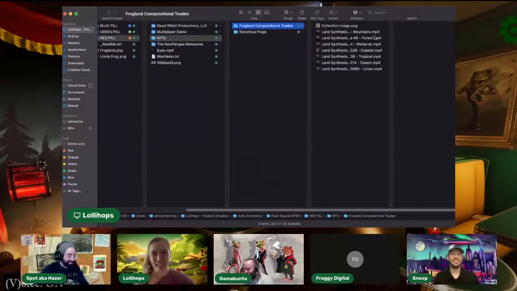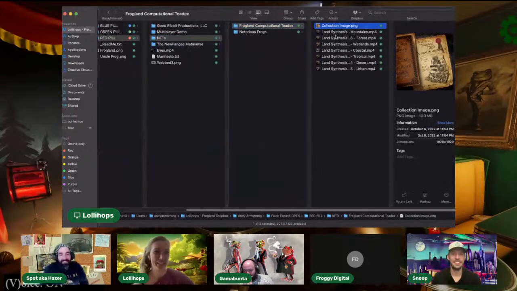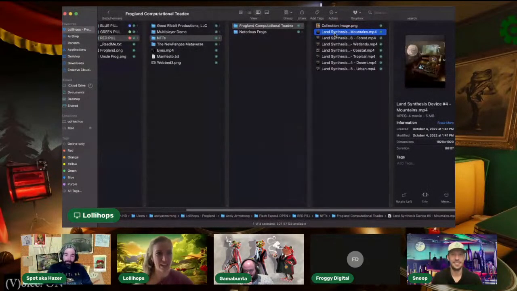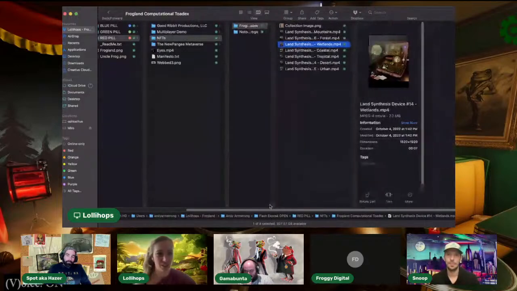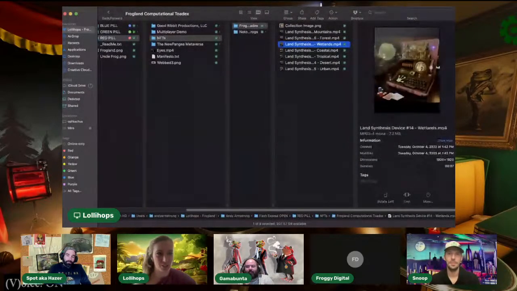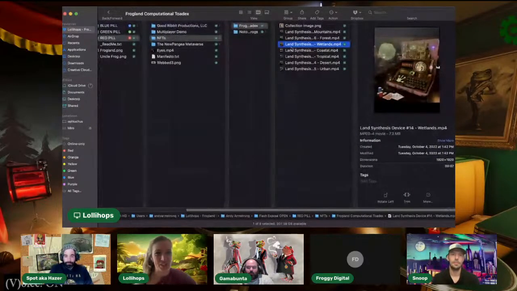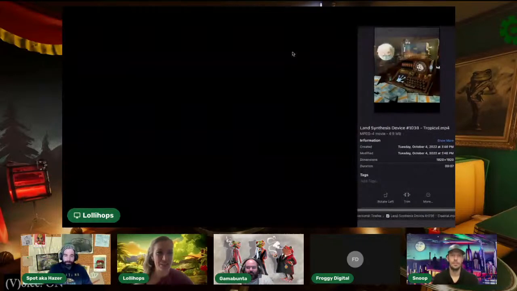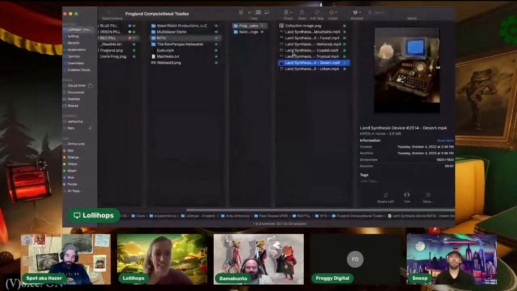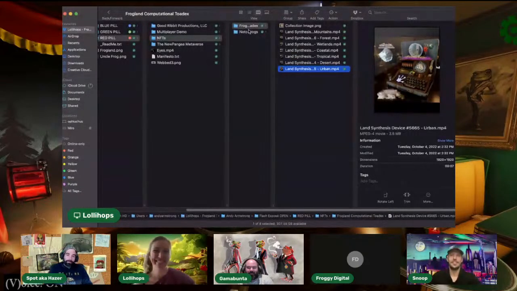So we got an NFT folder with collection image, and then I think I put one from each biome of the land synthesis devices in here, and tried to give it a pretty good selection of traits and other things to look at as they skim through and get to see some of the cool ones.